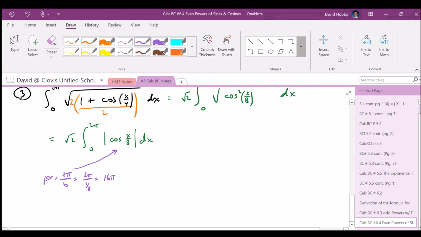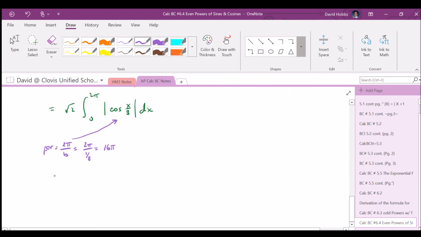So the period length for cosine of x over 8 is 16 pi. If you're thinking about it just real quickly, and we should all have a picture of cosine in our mind, that's 16 pi, which means that this right here is 8 pi, which means that this right here is 4 pi. And so what do I know about cosine of x over 8 from 0 to 2 pi based on my little sketch? It's going to be completely above the x-axis, and so therefore it's going to be positive values. I can drop the absolute value then.